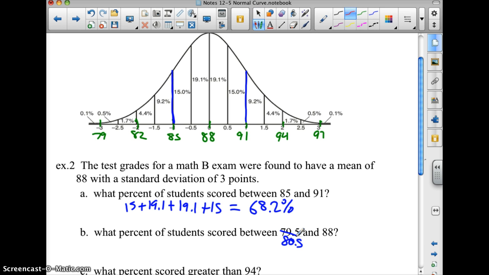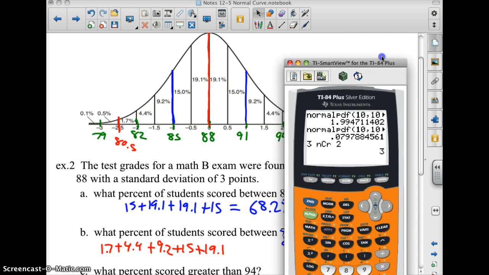So I find 80.5 here on the graph, and that's right here, 80.5. There we go. All right, now I'm going from 80.5 all the way up to 88. So I need to add those percents. 1.7 plus 4.4 plus 9.2 plus 15 plus 19.1.